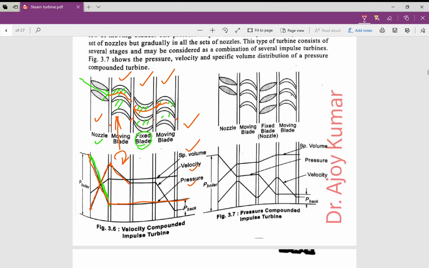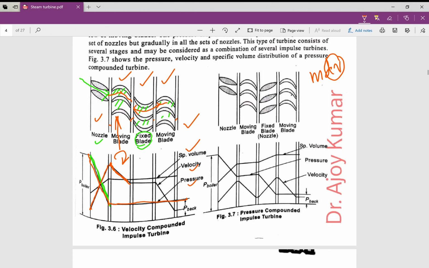That is from Newton's second law, which says that rate of change of momentum is force. So rate of change of momentum is m into dv. So there has to be a change in velocity to get a force, and henceforth velocity decreases in the moving blade. With the help of decreased velocity we get power.